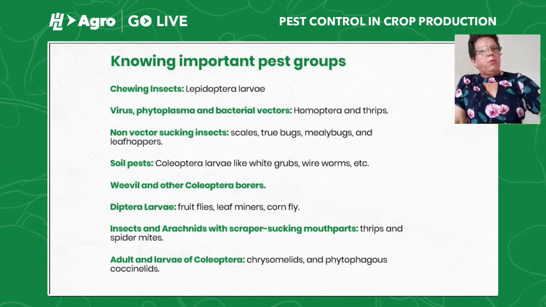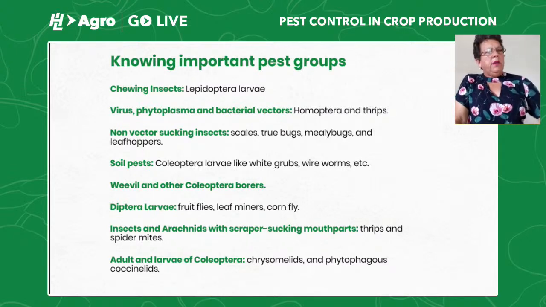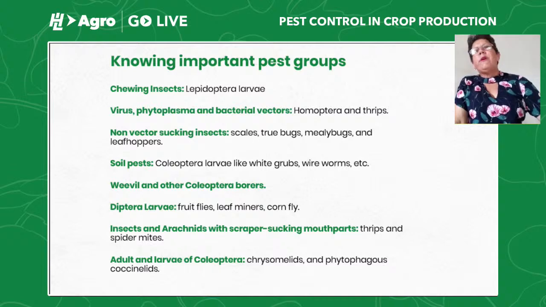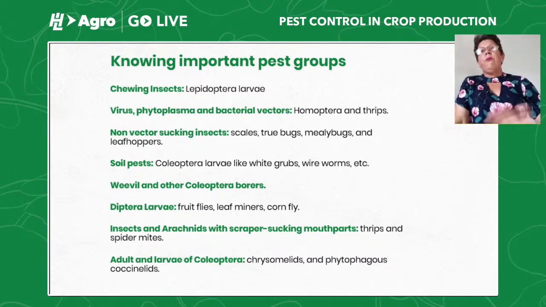Within chewing insects, we have Lepidoptera larvae. Also, another group is virus, phytoplasma, and bacterial vectors. Within this group, we have homopterans like aphids, whiteflies, psyllids, and another order here are thrips. Very different, but they can also be vectors of viruses.